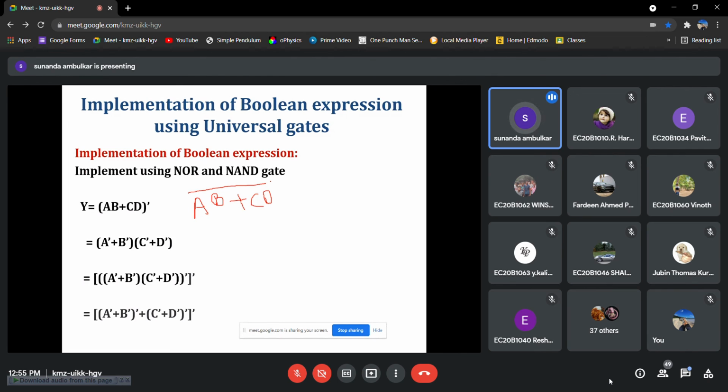Now we have to implement using a NOR. We have to make that expression in terms of the NOR implementation or the NAND implementation. Because product terms are involved, we cannot create this directly. So we have to simplify. The simplified expression, if we use De Morgan's theorem, will be AB, CD.